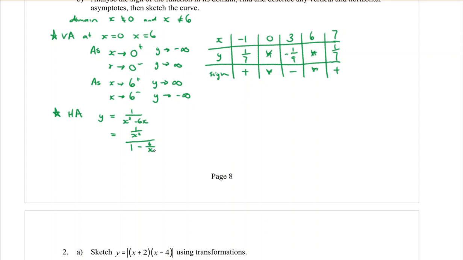Now, the reason we do that is because if we're trying to find out what is happening as x is approaching infinity or negative infinity, these usually work out to be the same if it's a horizontal asymptote. So usually you can get away with just doing one, but anyway.